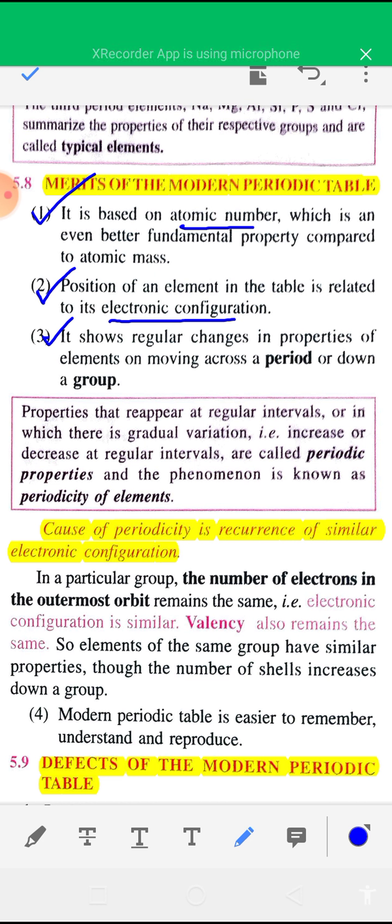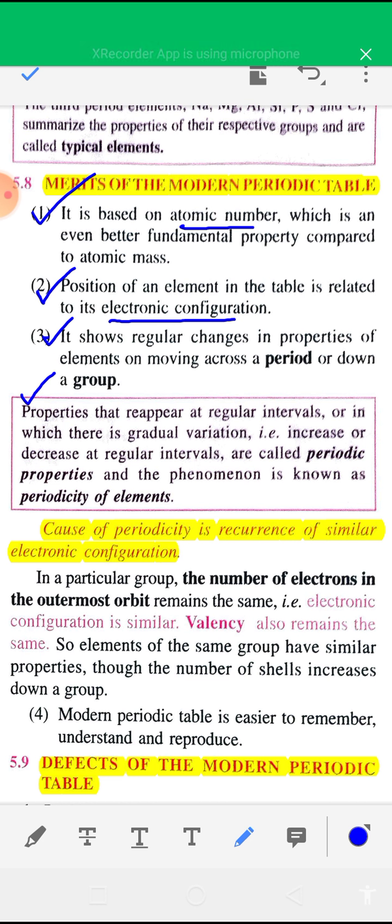Now one note is given here: what are periodic properties and what is periodicity of elements. There are some properties like atomic size or atomic radius, metallic character, reducing character, oxidizing character, reactivity.